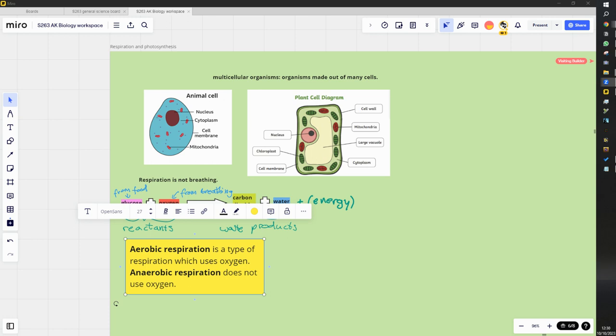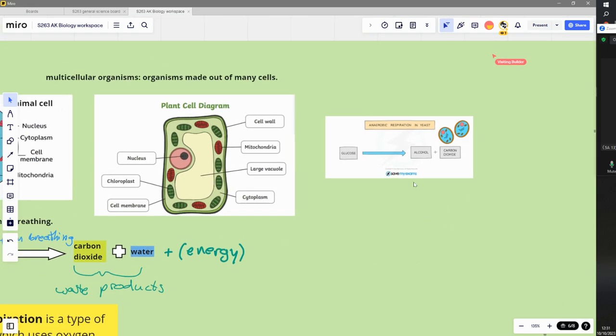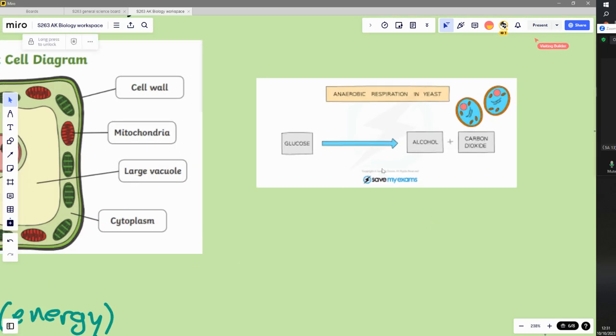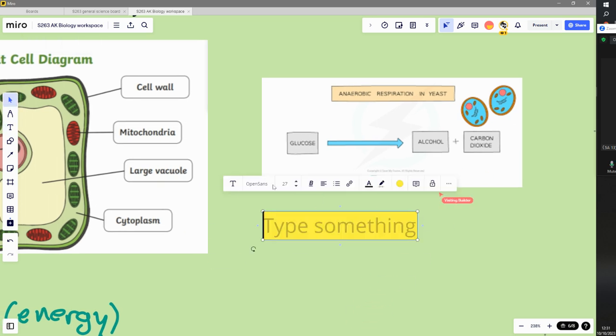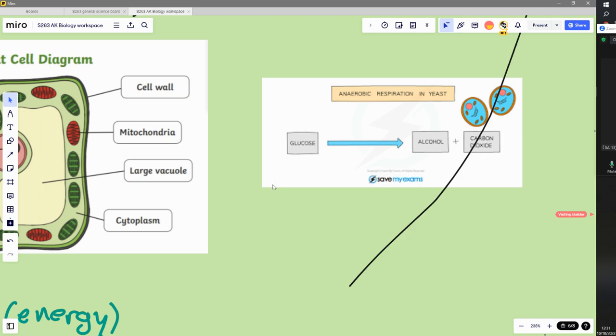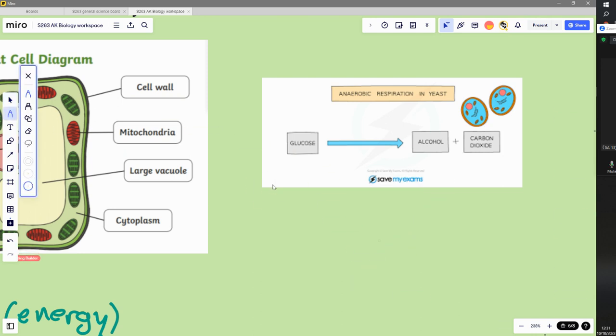Right, so this is what would happen: anaerobic respiration in yeast, and then we've got anaerobic respiration in humans. I'll just use the pen for this. Okay, there you go. So basically you have glucose and it gets converted into lactic acid.